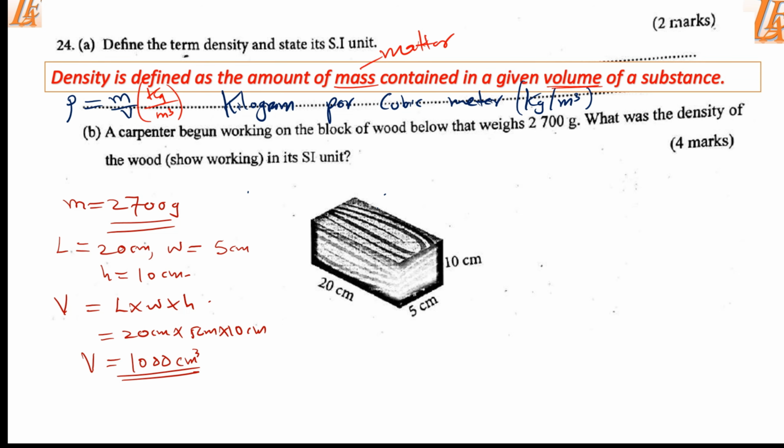So in this case, we have mass and we have volume. Now we can write our formula for calculating density.